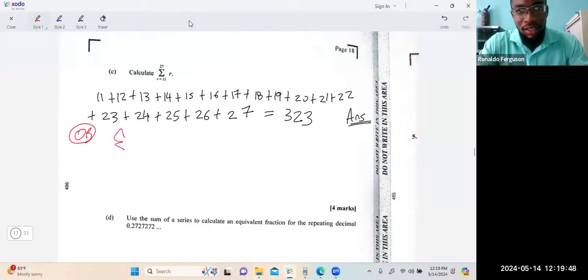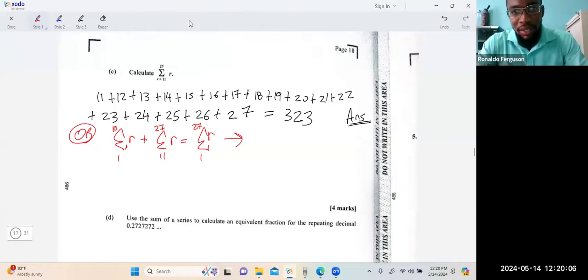Another way to do it is to say the sum from 1 to 10 of r plus the sum from 11 to 27 of r is equal to the sum from 1 to 27 of r. So that implies the sum from 11 to 27 of r is equal to the sum from 1 to 27 of r minus the sum from 1 to 10 of r.